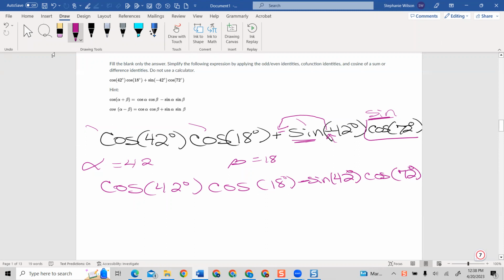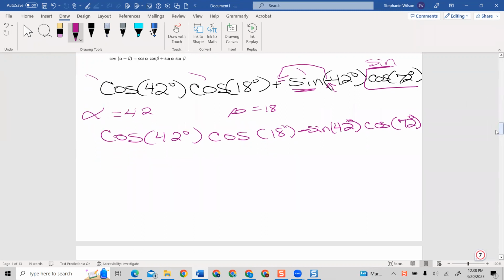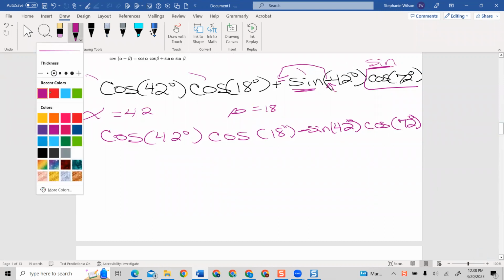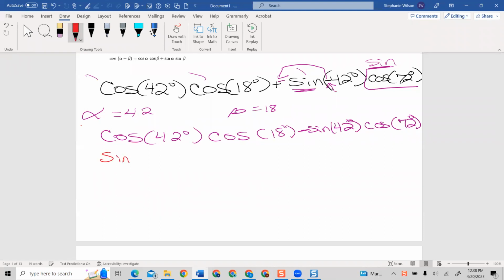So next, I want to go to our identities here and say, okay, I know that sine of pi halves minus u is equal to cosine of u. U in this case is 72 degrees. Since u is 72 degrees, then pi half is 90 degrees minus that 72 degrees.